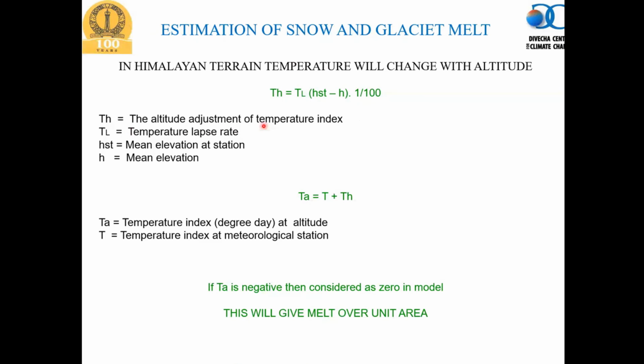So altitude adjustment of temperature is necessary. There, temperature lapse rates are generally used, along with the mean elevation of the station and the mean elevation of the area you are talking about. You will do that exercise later today to understand this.